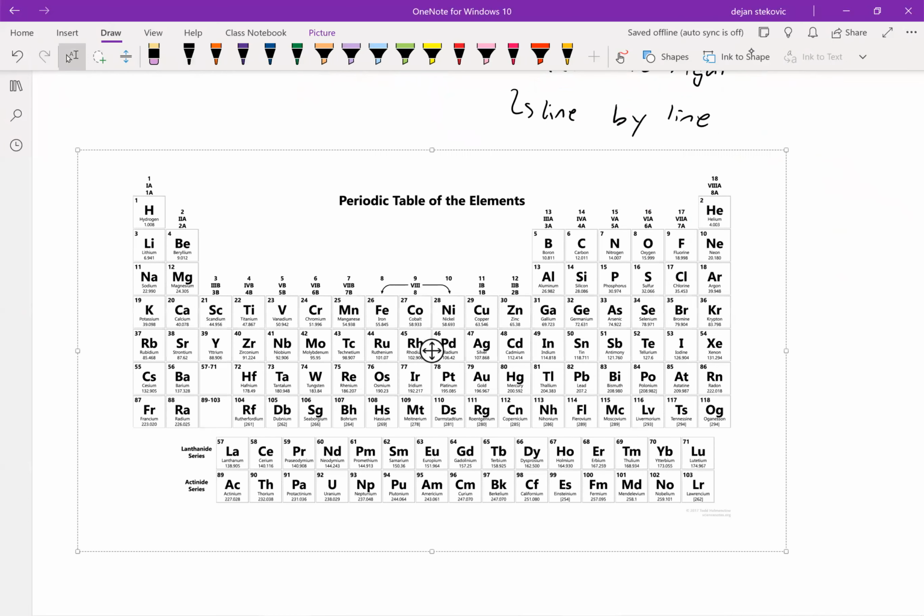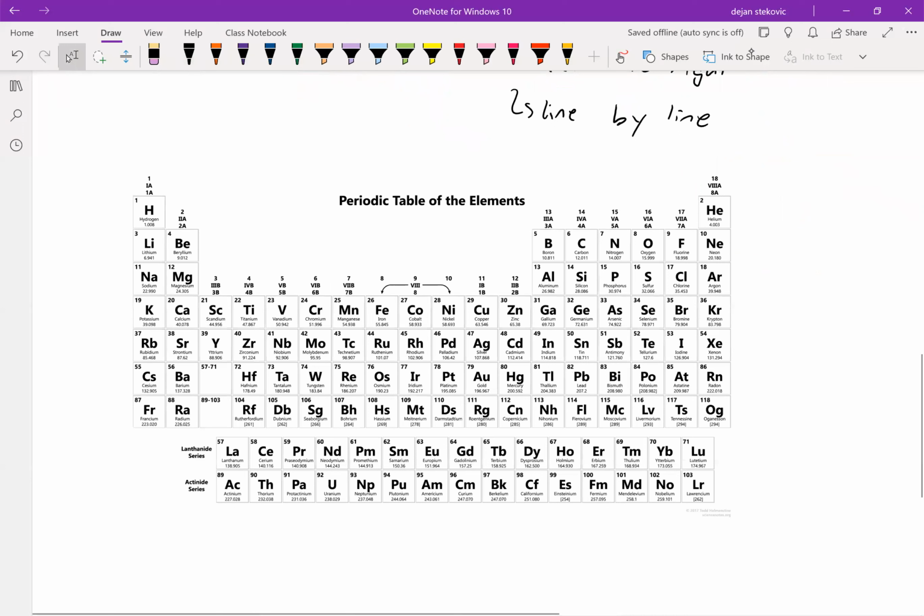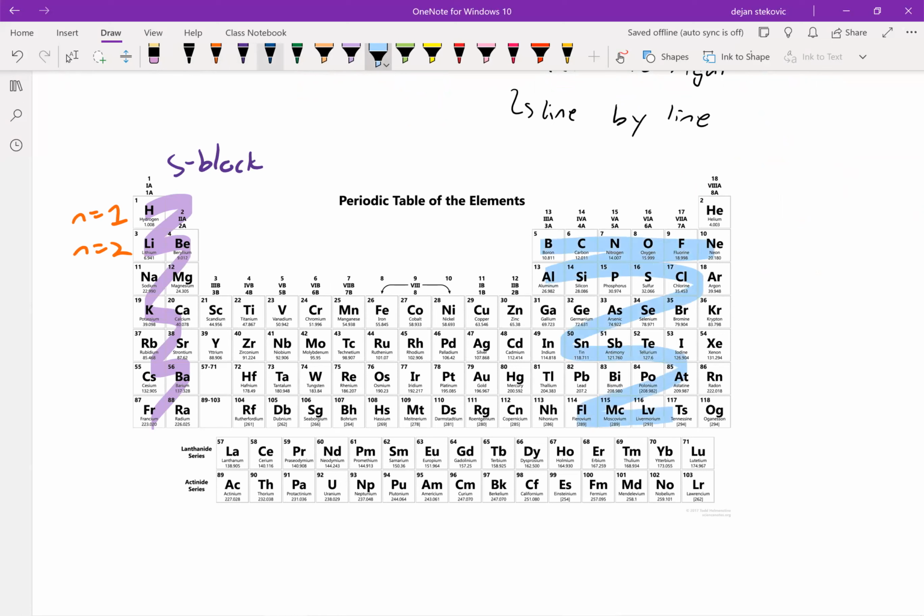And then we're just going to remember a couple of things from our periodic table. Remember that each row is our n. So there's our n equals 1, n equals 2. Remember that over here we have our S block, and then that over here is our P block, with helium being a bit of a weirdo and being part of the S block more than the P block.